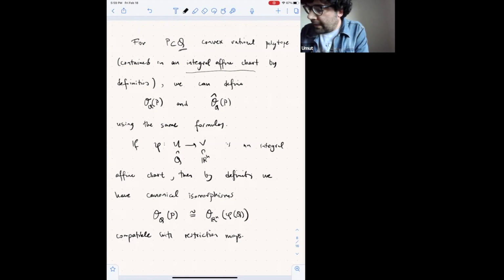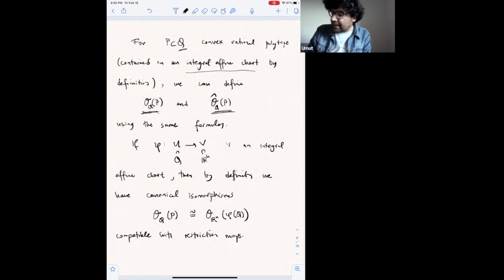That's the definition of convex rational polytope. I can again define these algebras of functions, completed and uncompleted, exactly the same way. You look at affine functions which are non-negative on P and extend to some neighborhood of P. And the completion is again done using exactly the same formulas.